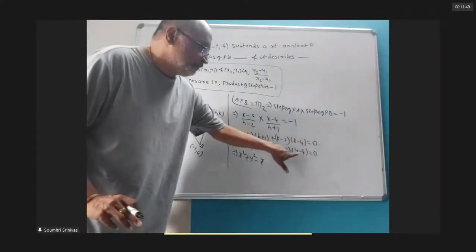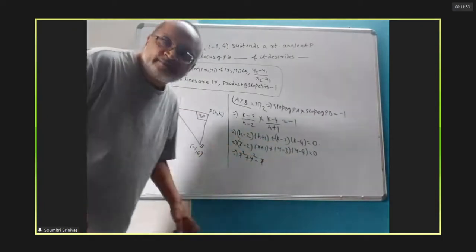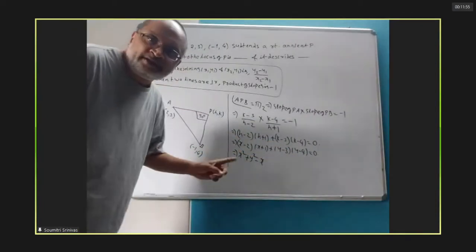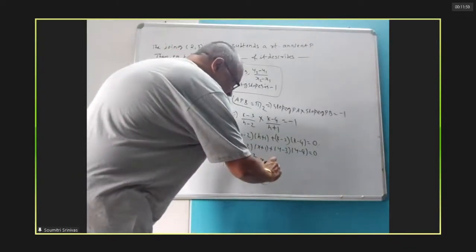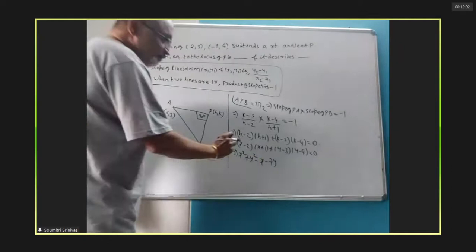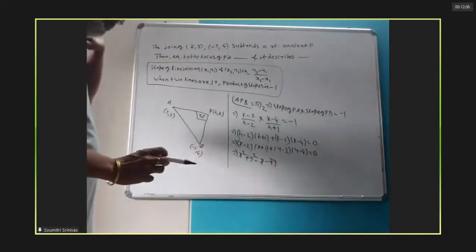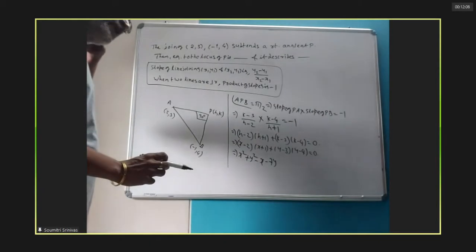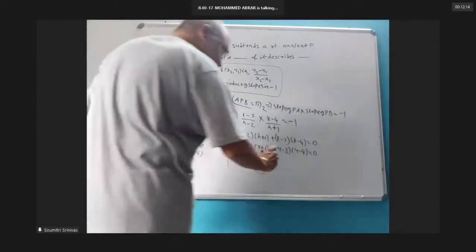Then minus 4y minus 3y gives minus 7y. Constant: minus 2 plus 12, what is it? Plus 10.